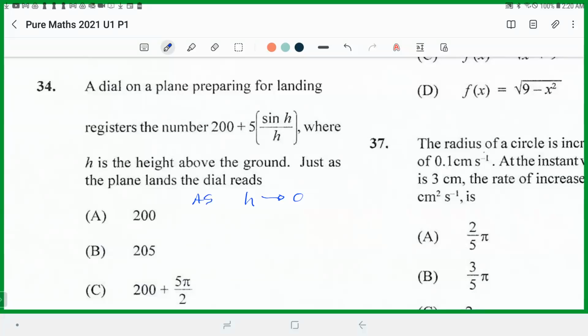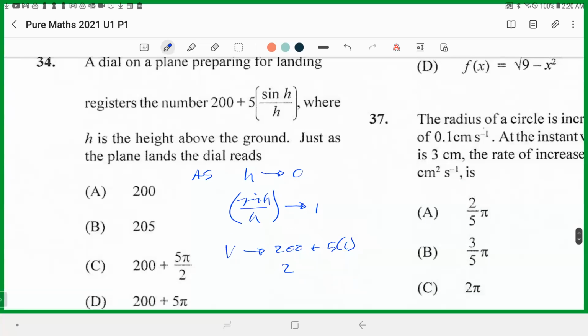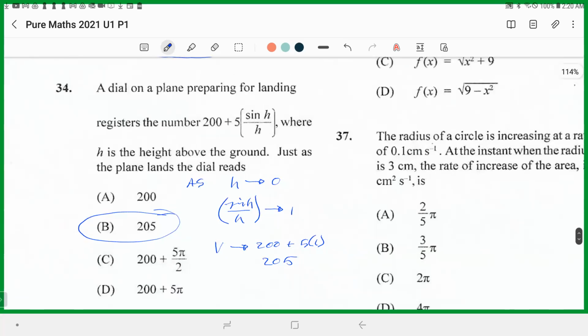So as h tends to 0, sine h over h tends to 1. Therefore, the register value tends to 200 plus 5 times 1, which is 205. It says right here. Whatever that reading is, tends to 205.